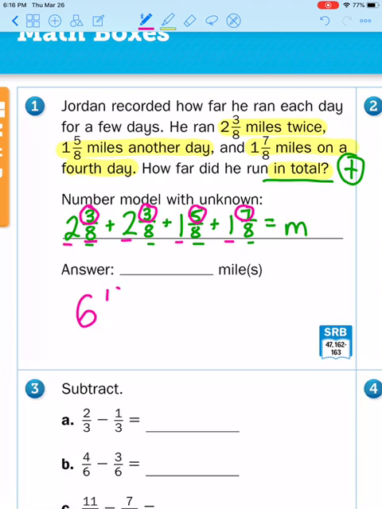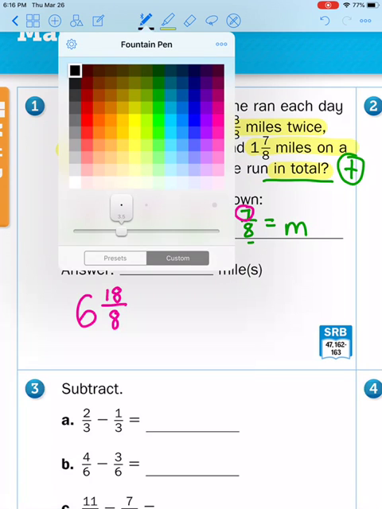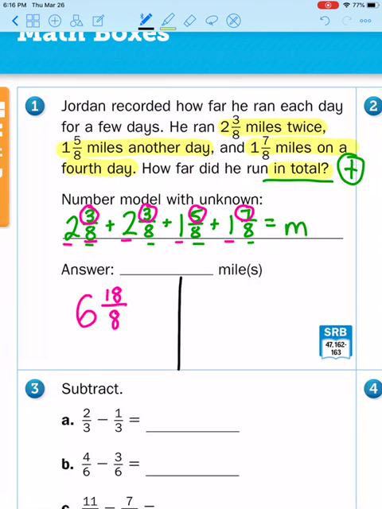So we get 6 18/8. Now, 18/8 is an improper fraction, so we can take out a whole. I'm going to make a little box to separate my work. If I have 18/8 and I take out one whole, which would be 8/8, I'm left with 10/8.